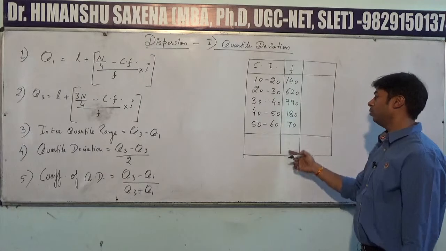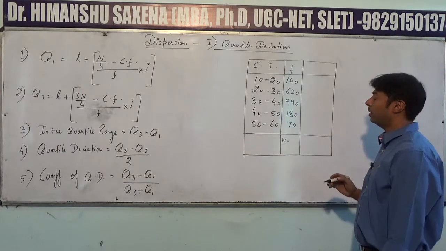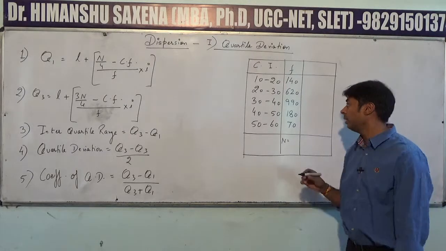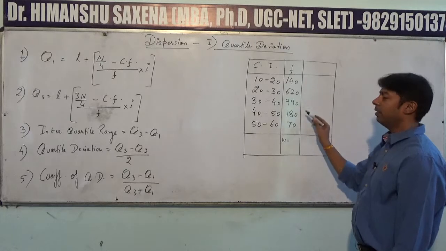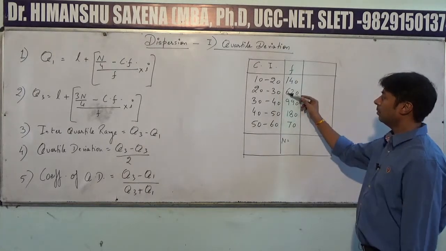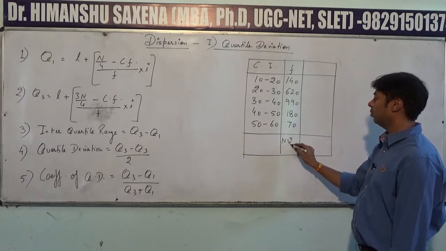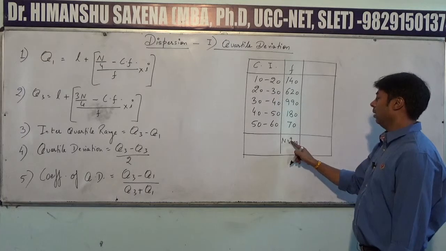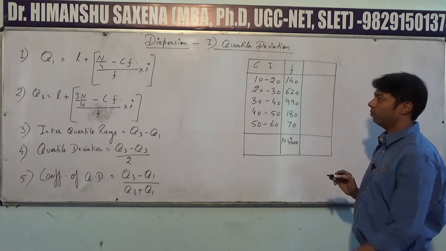First of all, we need to sum up the values of frequency. So please tell me what is the total of frequency by adding up all the values of the frequency column. I think that is equal to 2000. So the frequency total N is equal to 2000.